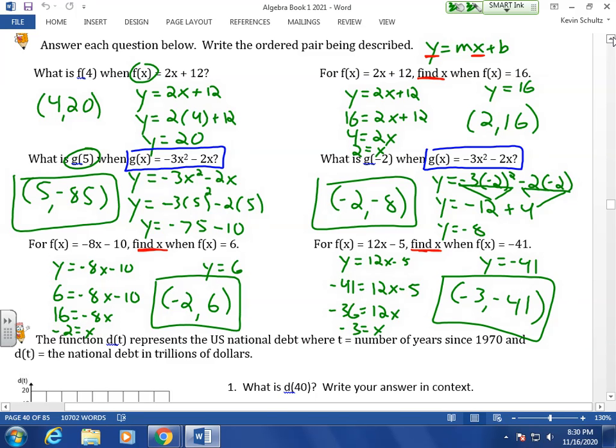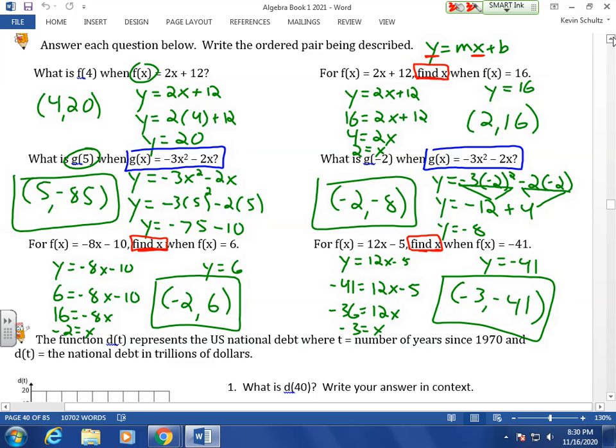So if you look, personally, I think the easiest way to know what I'm looking for is that if it tells me to find x, then they're giving me the value for y, right? They're not going to tell me to find x and then give me the value for x, right? They're having me find x, giving me the value for y, giving me the output.